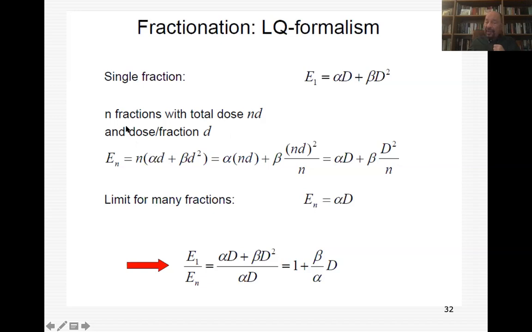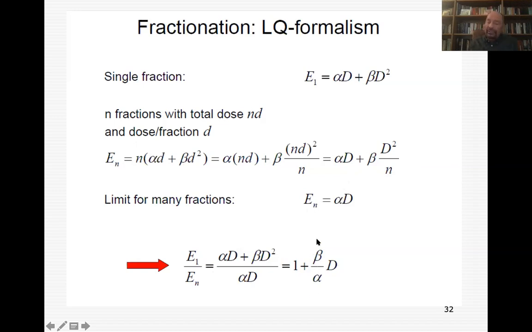When you have n fractions for a total dose of nd, then you have to write n times alpha d plus beta d squared, that you can write in this way. And if you have many fractions, so that this factor goes to 0, then the ratio of the single fraction divided by n fractions becomes 1 plus beta over alpha times d.